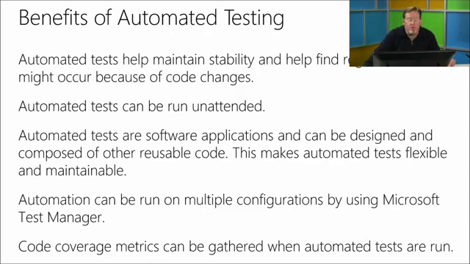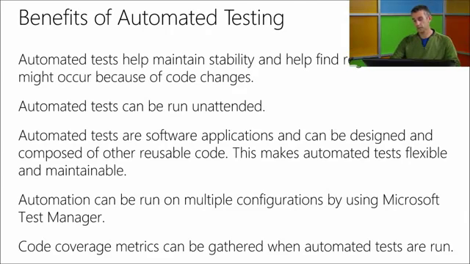The automated tests are software applications and can be designed and composed of other reusable code. Automation can be run on multiple configurations, so we think about the different Microsoft platforms. Microsoft Test Manager can help us drive that across multiple configurations. Right, and on top of that, you can set these automated tests up to handle the boring, repetitive test cases. Yeah.